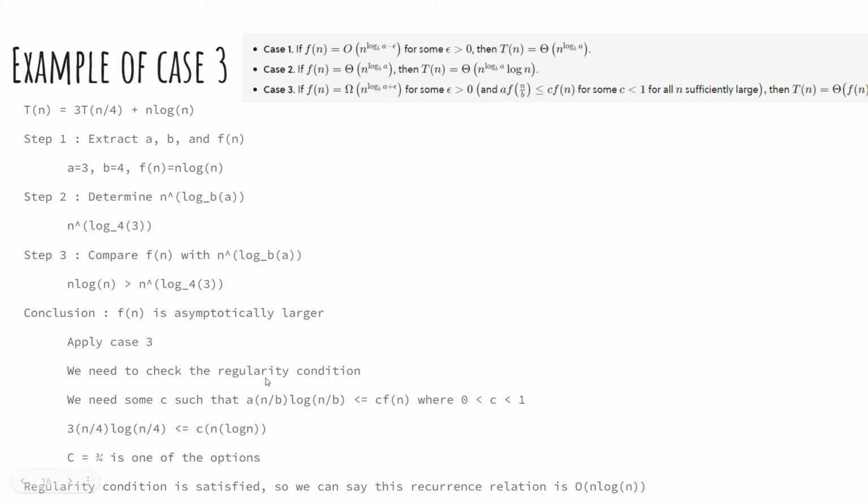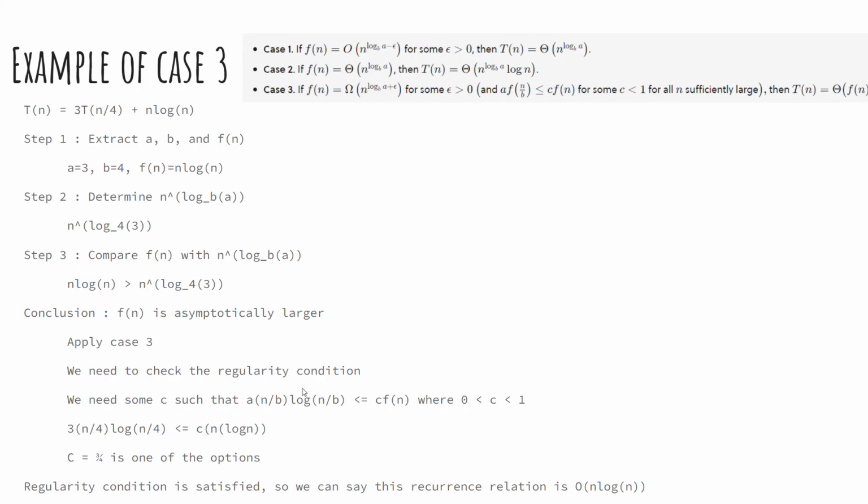And we also need to check the regularity condition, which holds true in this case. And so we need some c such that a times f of n over b is less than or equal to c times f of n, where 0 is less than c is less than 1.